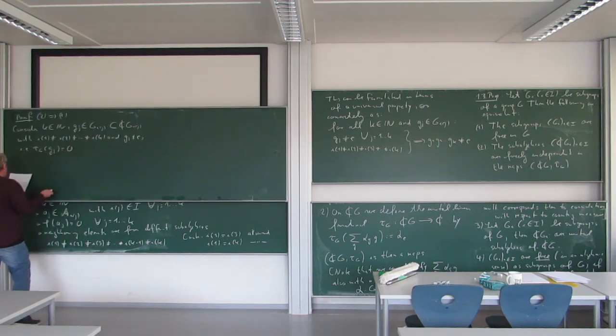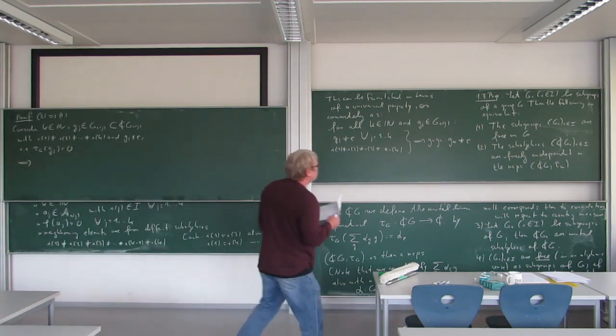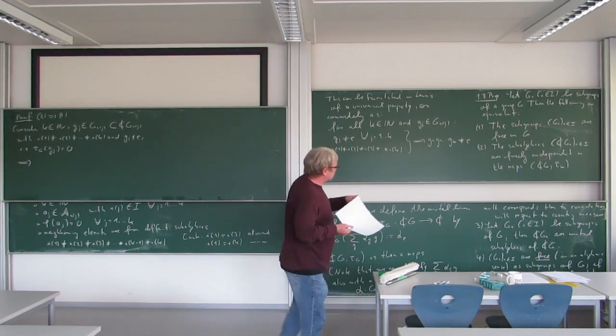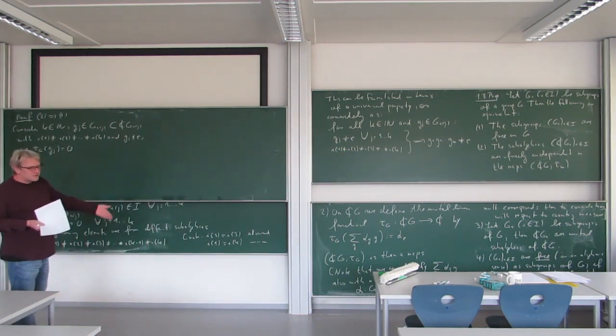Good. Okay, but now I'm in a setting where I can formulate things in terms of tau. I assume I have two subalgebras which are freely independent, and now I multiply alternating elements from the subalgebras.